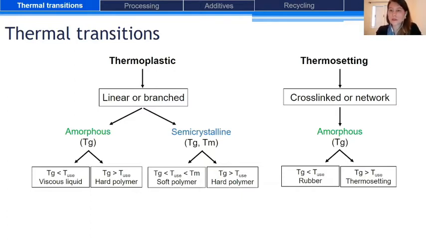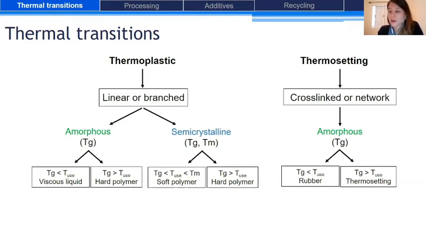In the case of thermosetting polymers, they are amorphous, so they have only a TG. In the case of rubber, we have materials that have a very low TG, and so at the temperature of use, since we want a flexible material, we will use them above their TG.